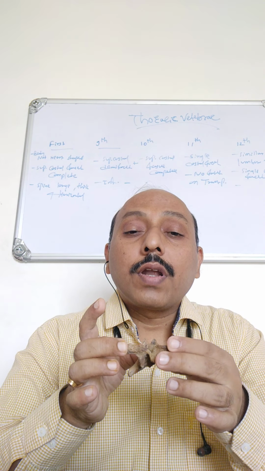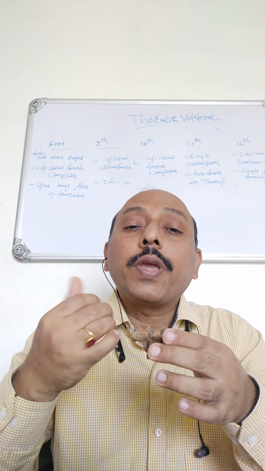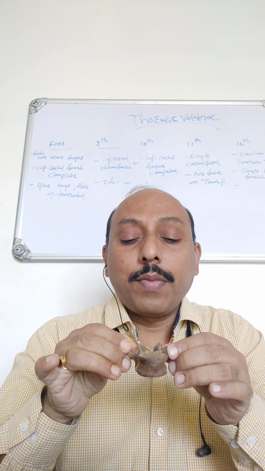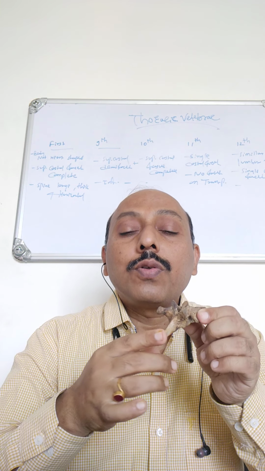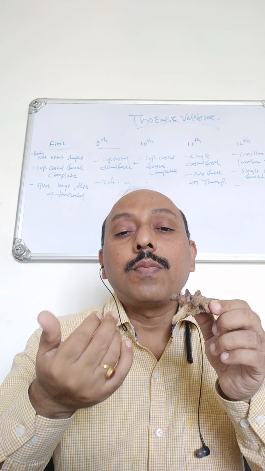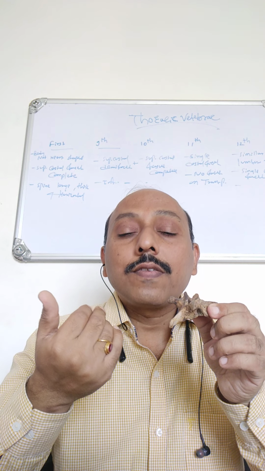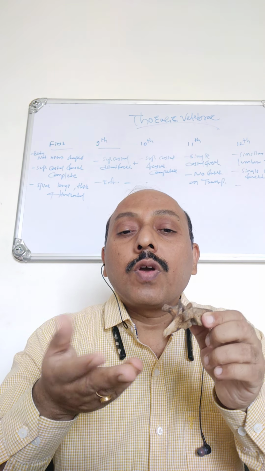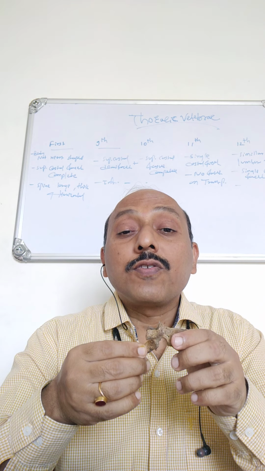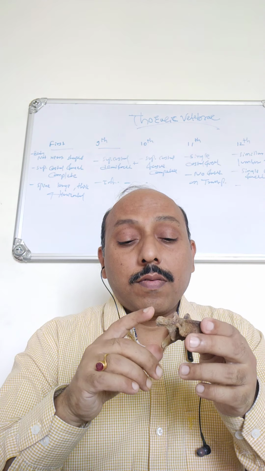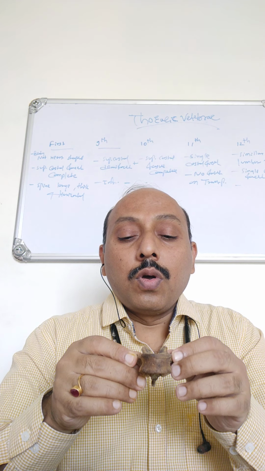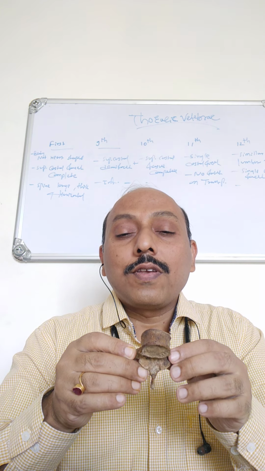The transverse process gives attachment to the superior, lateral and inferior costotransverse ligaments, and the spine gives attachment to the trapezius, rhomboid muscle, serratus posterior muscle, and latissimus dorsi muscle. So this is all about the typical thoracic vertebra.